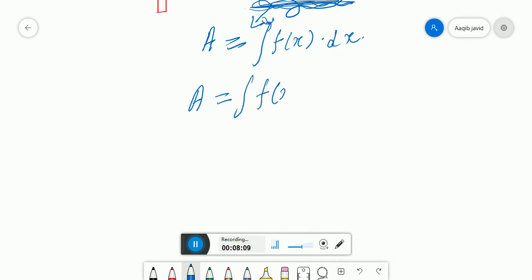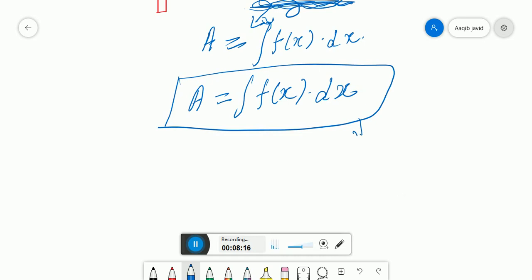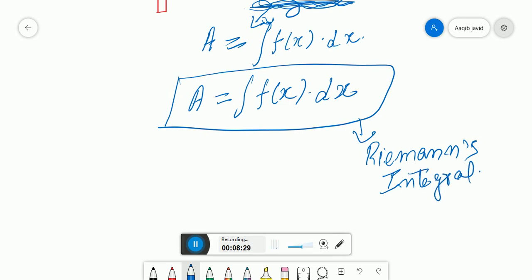So f of x dx, this thing solved the whole problem, and this is what we call Riemann's integral. And the process by which we solve this is called integration, what we are discussing about.